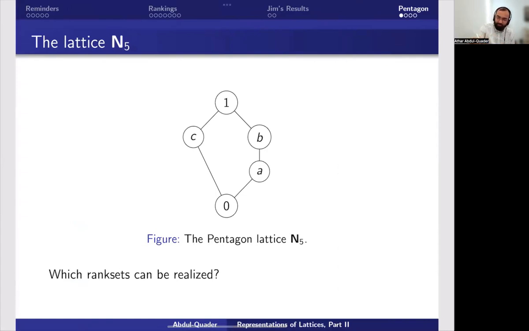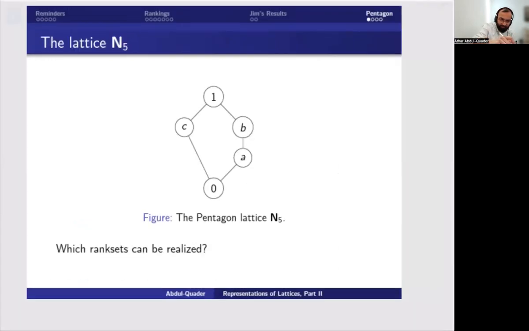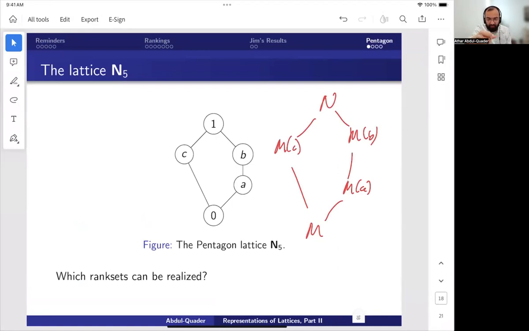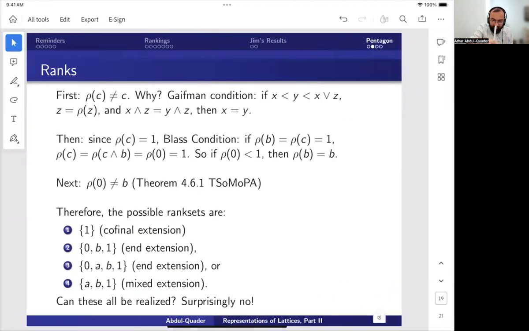And so in other words, if we think of this being some interstructure lattice, M of C, M of B, M of A, and M, if it's going to satisfy the Gaifman condition, the Gaifman condition said that if x is less than y, and y is less than x join z, and z is equal to its ranking, and x meet z is equal to y meet z, then x is equal to y.